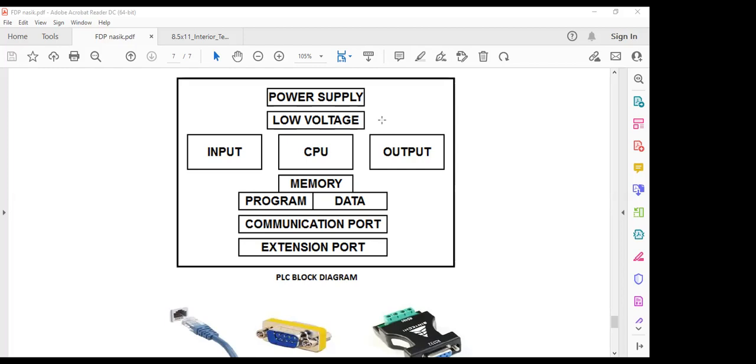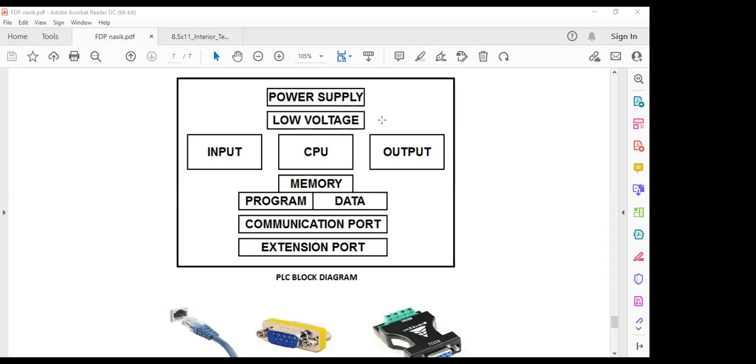Generally, we think that input output means sensors, switches, relay, contactor, motor. No. In the block diagram, if I have shown you input output, it does not mean I'm talking about the physical existence of input output like sensor, motor, relay, like that.